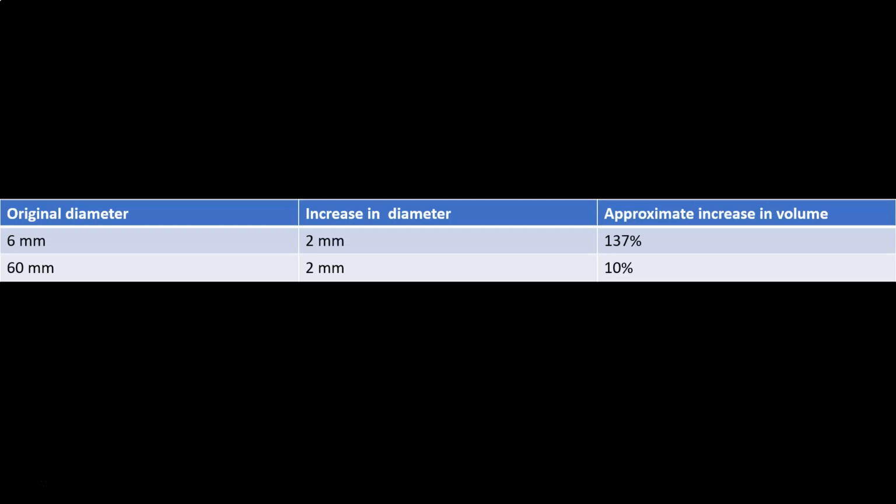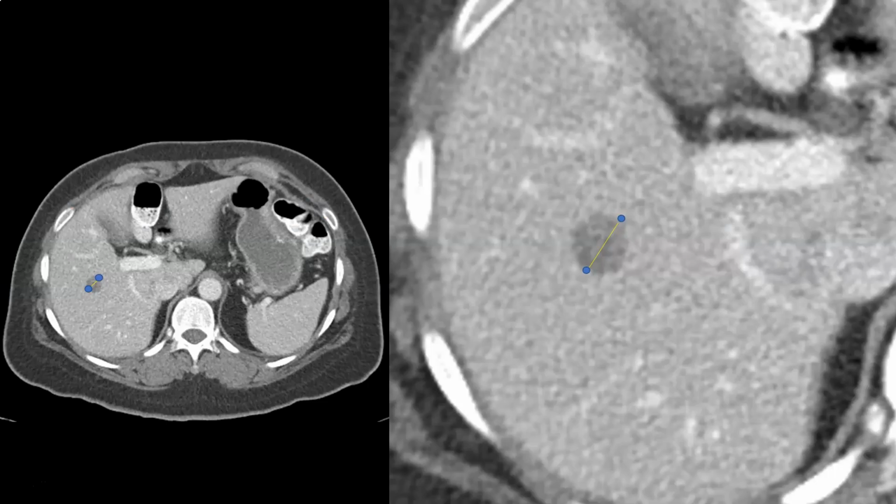The second message is to be accurate during measurement of the small lesion, because an error in measurement of 1 or 2 millimeters is a big error in estimation of the real size of the lesion. And for this, I'm giving you this hint also, that with a small lesion, you don't measure in the original magnification.